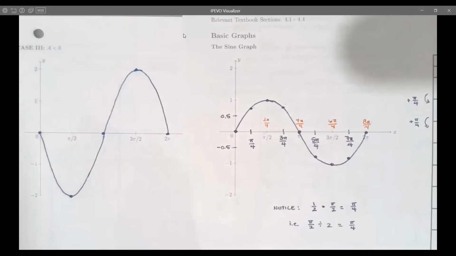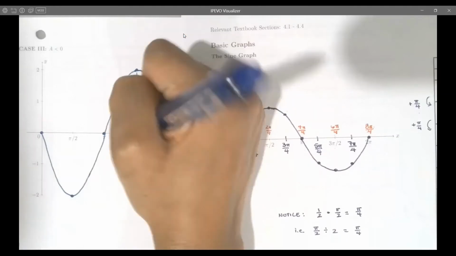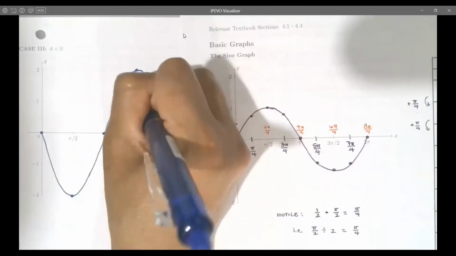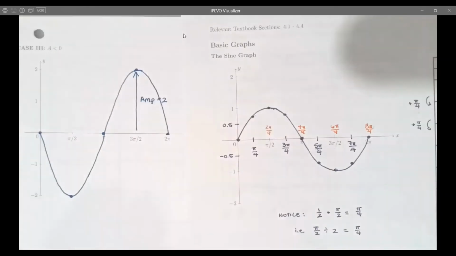And when we're talking about distance, we always think about distance as being something that's positive. We can't drive negative 2 miles or that sort of thing. So this has an amplitude of 2. So that's the first thing that's happening.